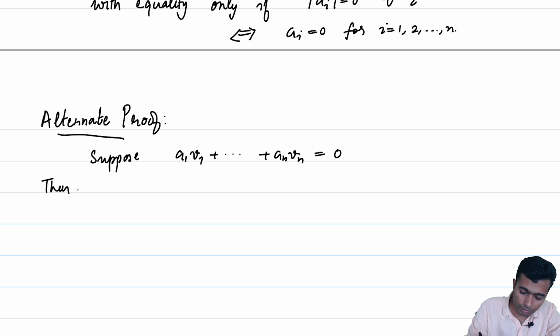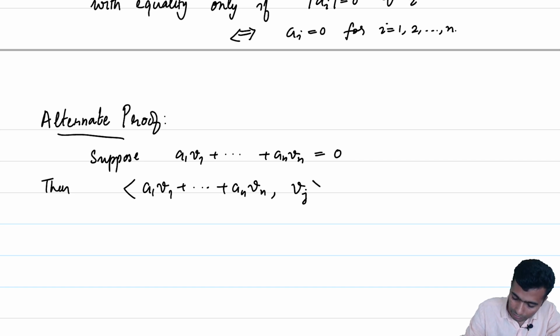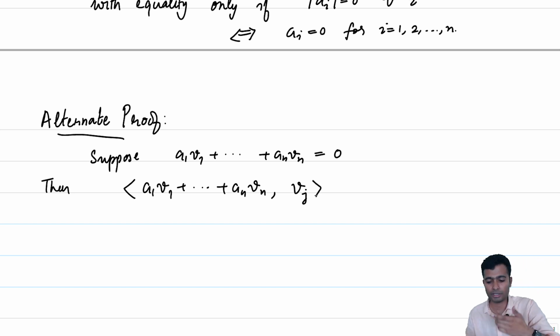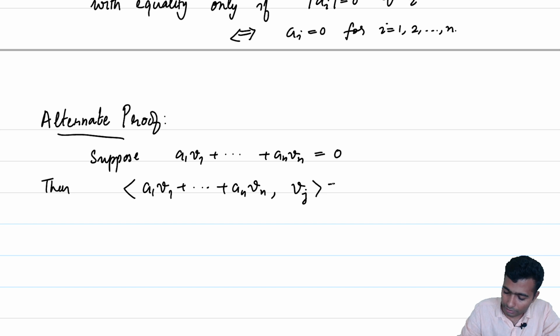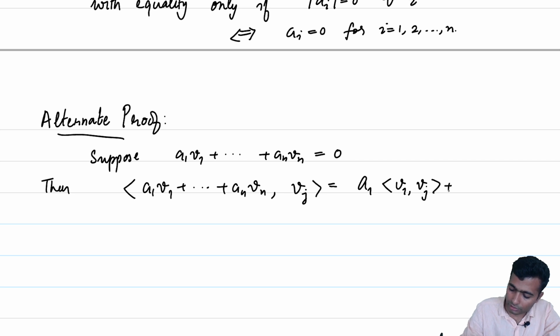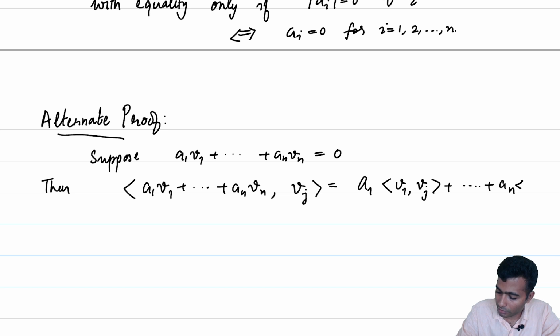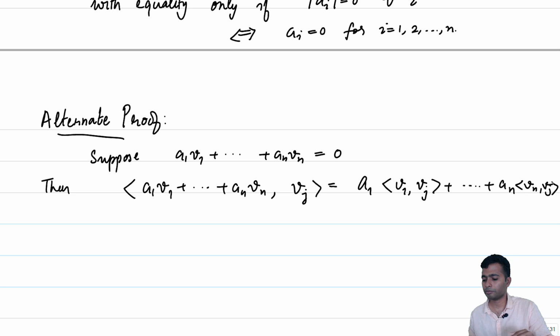Then look at the inner product of a1 v1 plus up to an vn with vj, where vj is one of the vectors from the collection. By linearity, this is just going to be a1 times inner product of v1 vj plus a2 times inner product of v2 vj plus an times the inner product of vn vj.